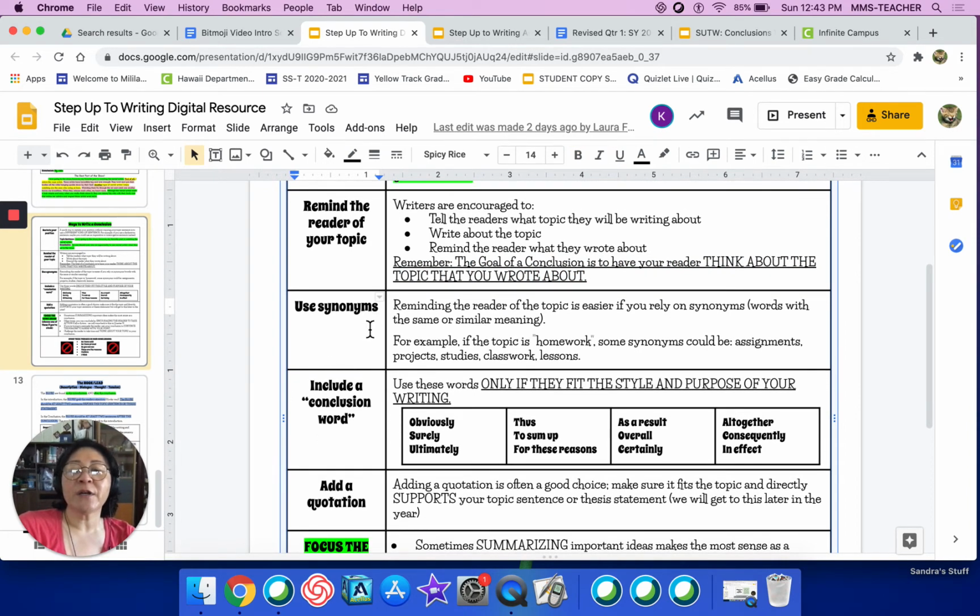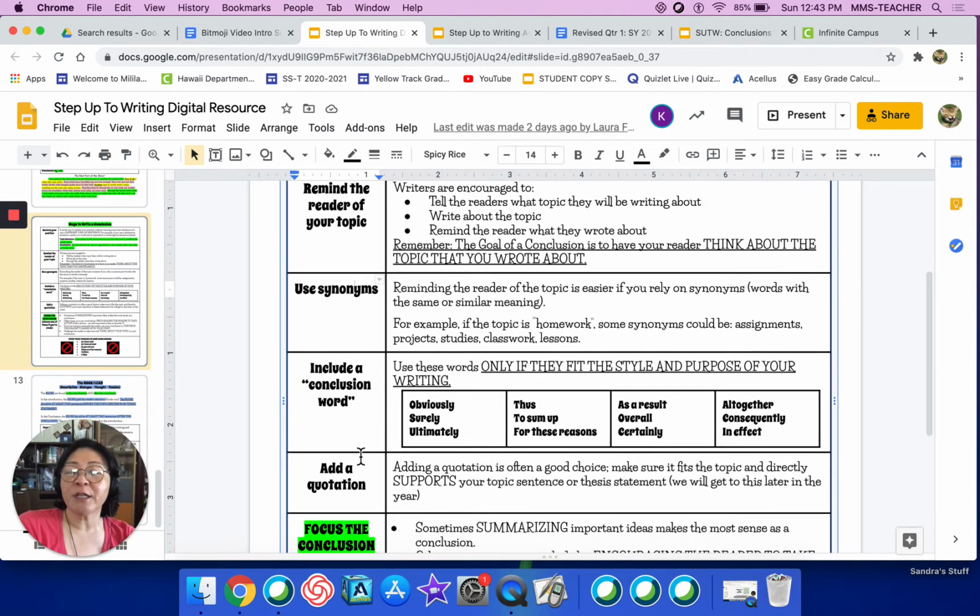Reminding the reader of the topic is easier if you rely on synonyms or words with the same or similar meaning. For example, if the topic is homework, some synonyms you could use instead would be assignments, projects, studies, classwork, lessons. So instead of the word homework, you could use one of these other words to replace the word homework.